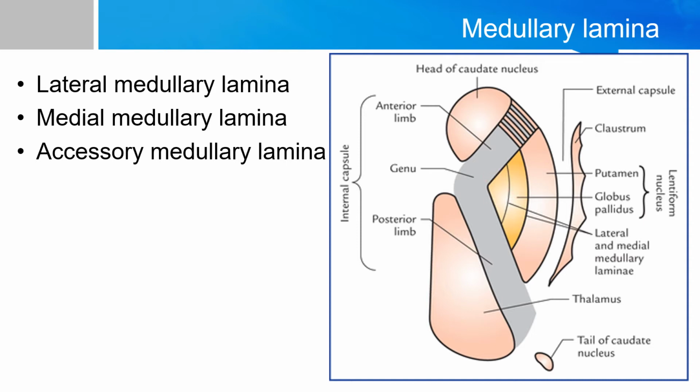There is another structure, not as important, the accessory medullary lamina, which divides the globus pallidus internus into an inner and outer segment. You may find the name medullary lamina familiar because the same name is also used in the thalamus. Don't confuse the two structures because they mean completely different things. You can check out the thalamic video for more information on the thalamic medullary lamina.